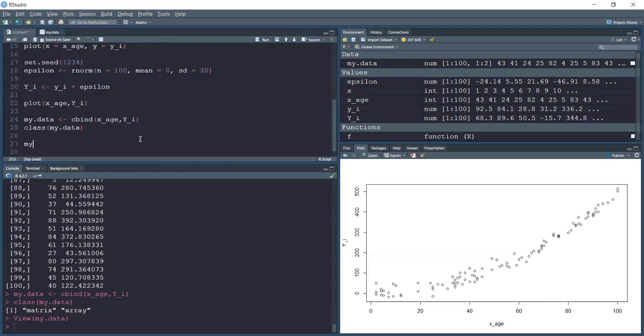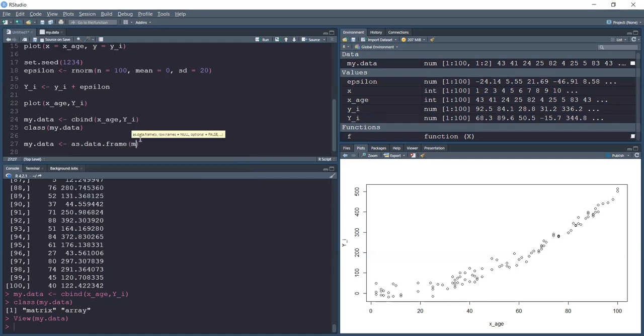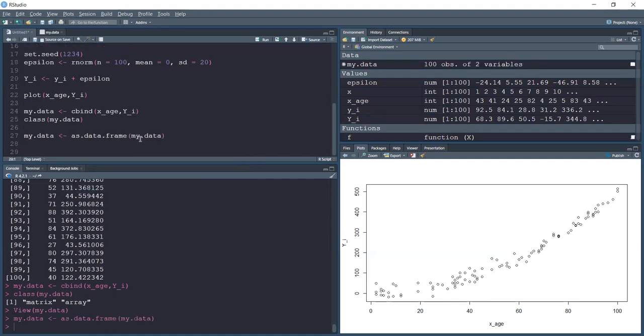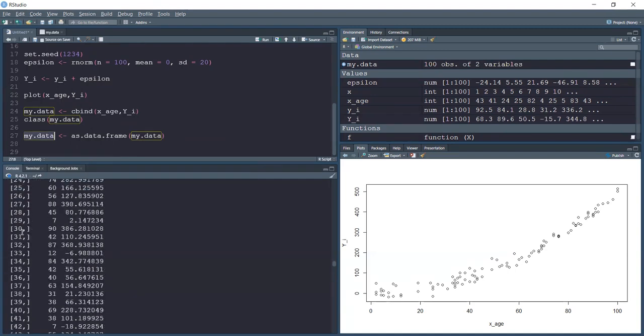I think there is a way of doing it. As data frame, my data. And now it's a data frame. In fact, you notice if we scroll up, you can tell that this is a matrix from the rows.